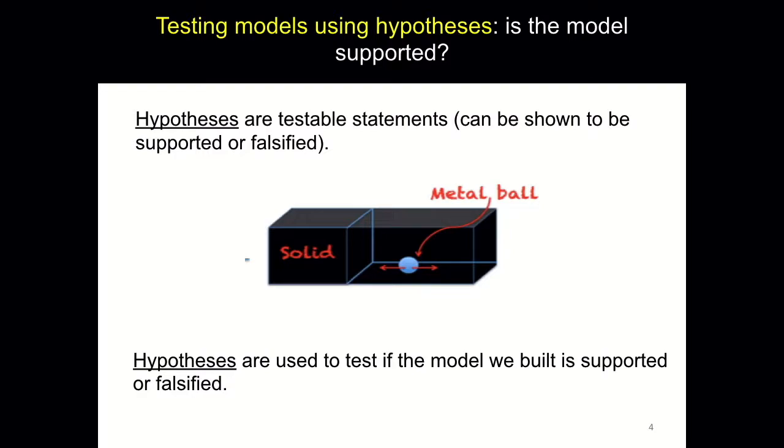And what we mean by testable is that we can determine whether our statement is inaccurate or accurate, or supported or falsified. So hypotheses are then used to test if the model we built is supported or not. Clearly, we can build many different alternative models. In science, the goal is to try to understand, using evidence, what the best model is.